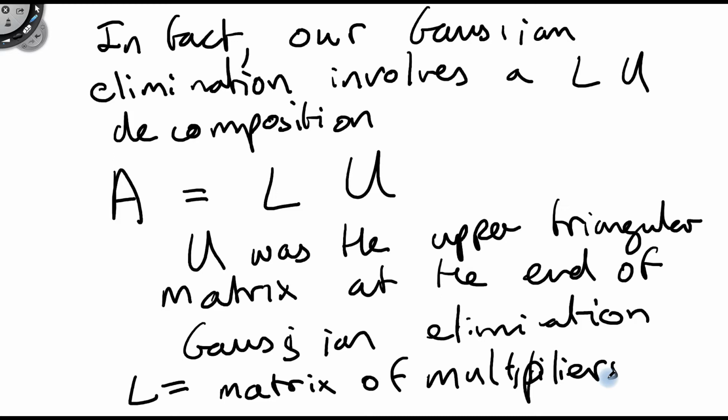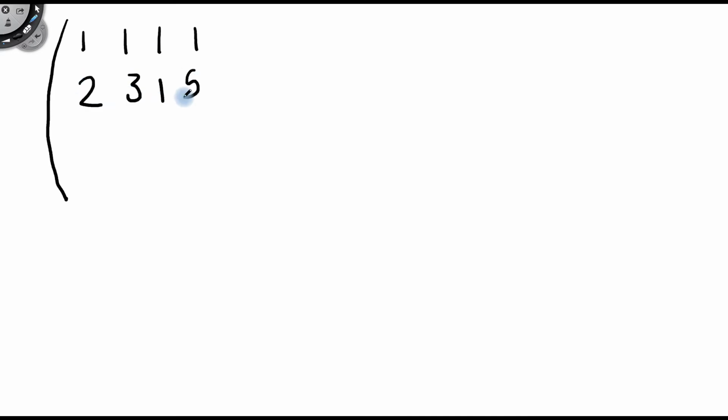So actually, I'm just going to show you this decomposition now for the original matrix. So the original, let's see if I can fit it into this board. Maybe I have to use 2 lines. So our original matrix was this. That's the one we started off with.